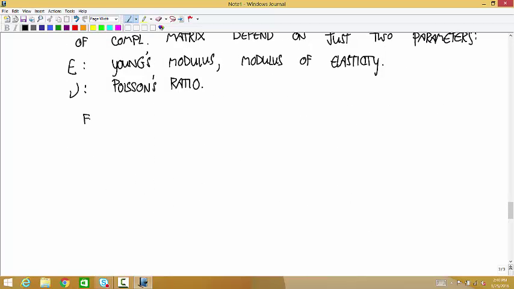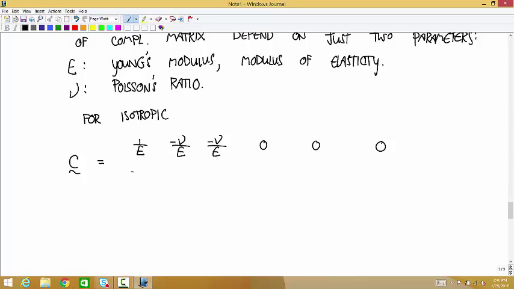So for an isotropic material, the compliance matrix is this: 1 over E, negative nu over E, negative nu over E, 0, 0, 0.